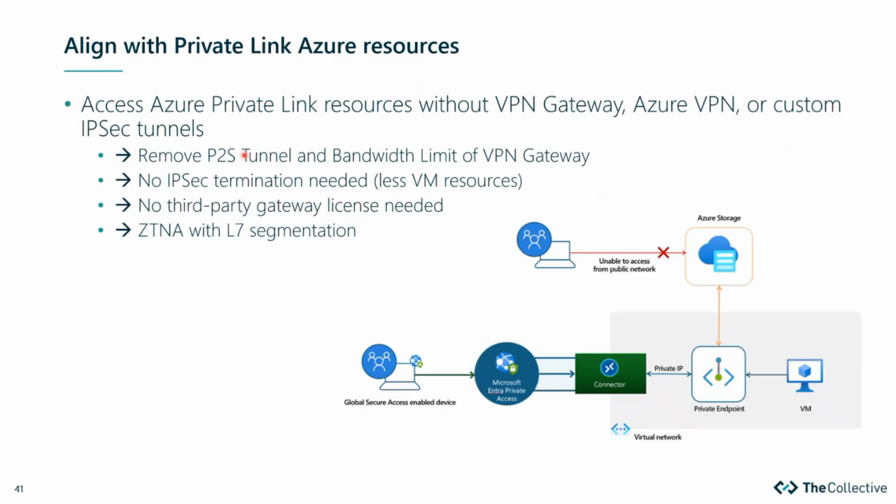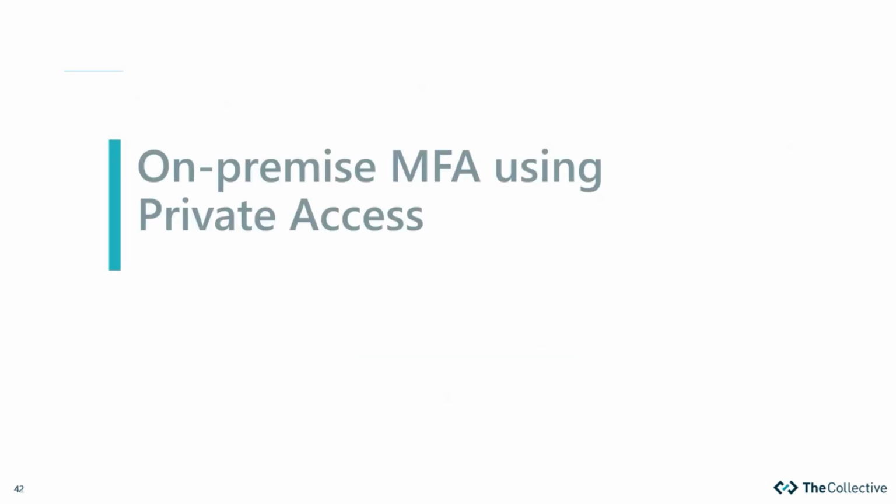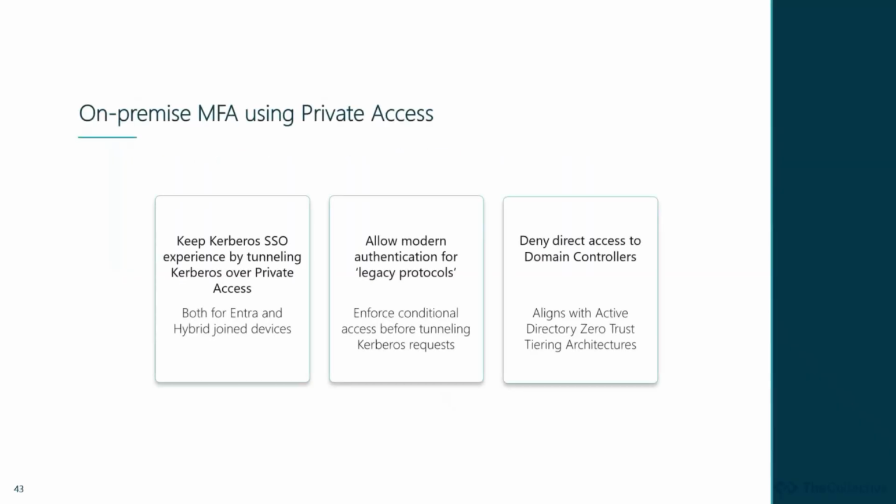So there are a couple of benefits there. We can also do on-premise MFA using private access. I already talked a bit about SSH and other protocols where we can make sure that users need to do MFA before they can access those protocols. Specifically on Kerberos, we also have some cool features which we can use.